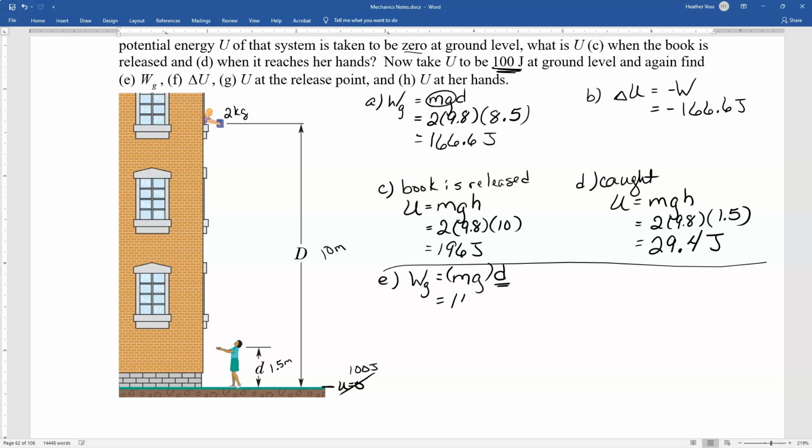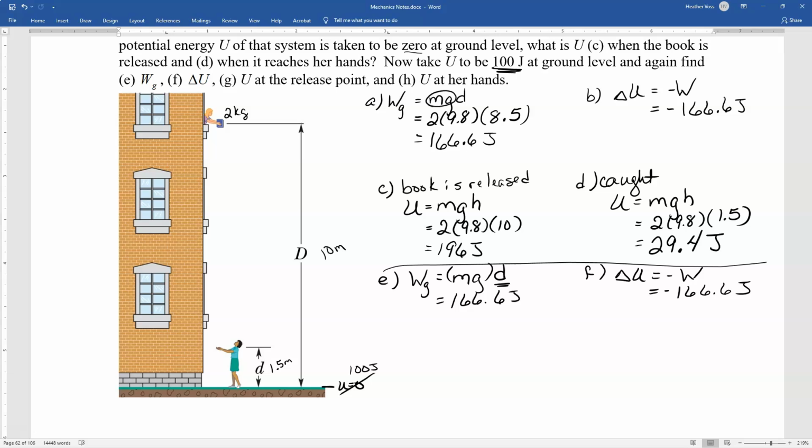So this is going to be the same, 166.6 joules. Okay, what about the change in potential energy? Well, that is going to be the same. The change in potential energy is still the negative of the work. If the work did not change, the potential energy did not change. At least the change in potential energy did not change.